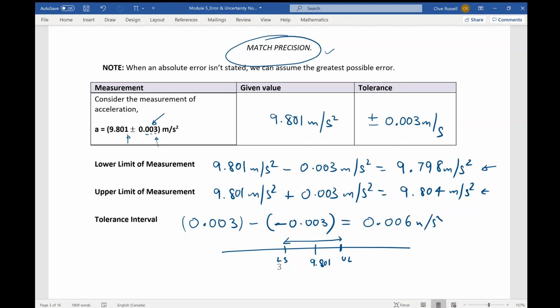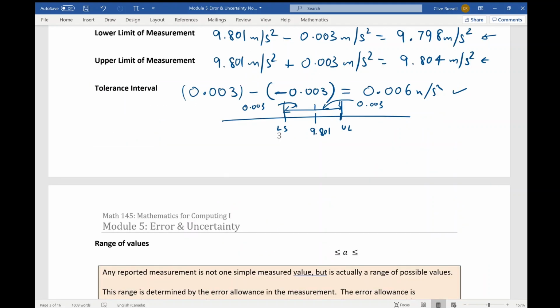Each of these lengths is 0.003, so the whole distance from there to here is twice the 0.003, which is 0.006. So the range is just the lower and the upper value that my measured value could fall between.